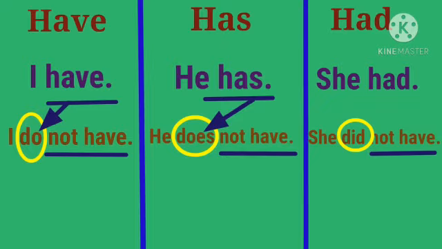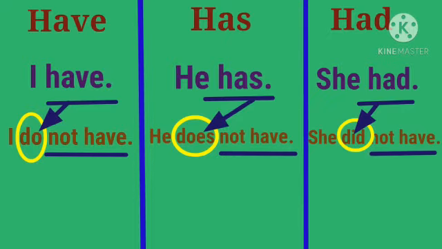And in the third sentence there was had, so we used did. So students, remember, for all three, have, has and had, in negative sentences we will use not have. But before these two words not have, we will use do for have, does for has and did for had. Clear, students? Now see how we can change them into interrogative.